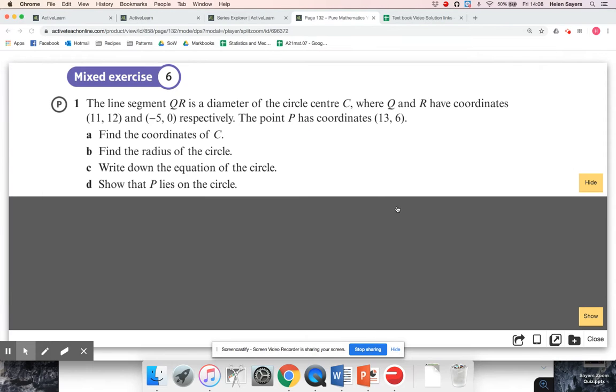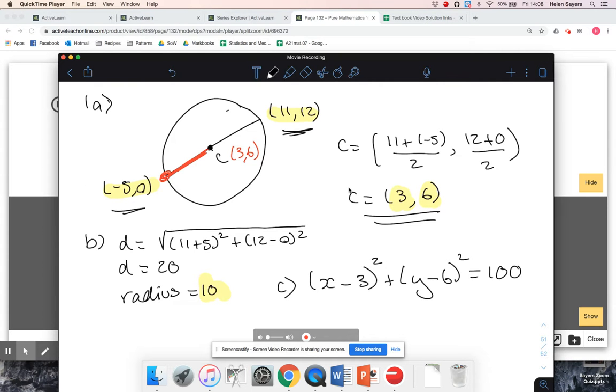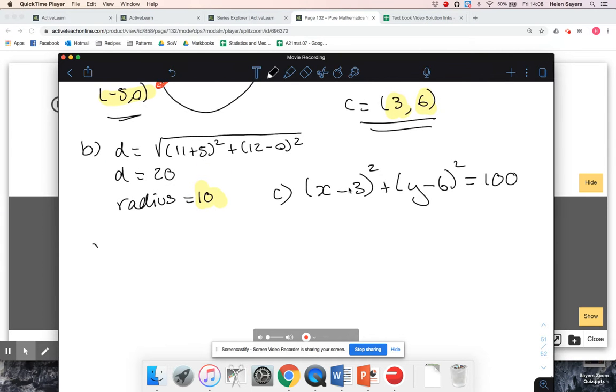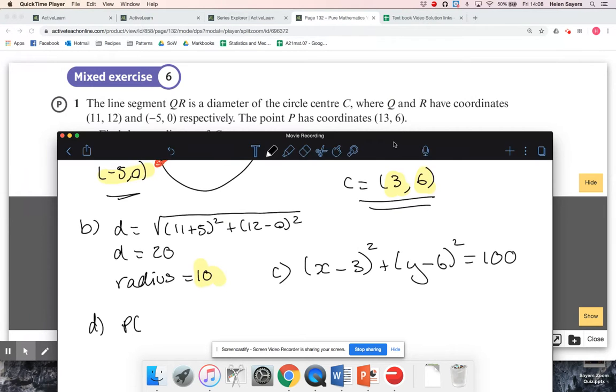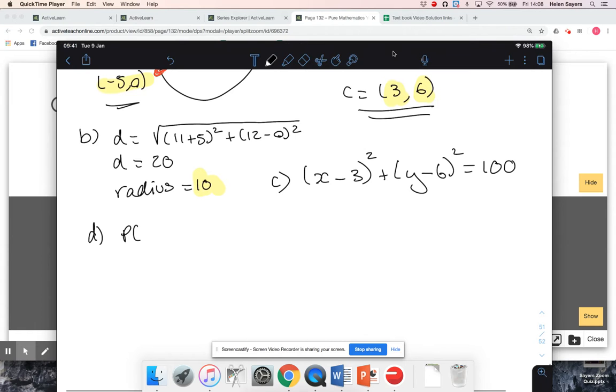Okay, and then show that P lies on the circle. Okay, so that's fine. So P had the coordinate, so I told you at the start, didn't I? So P is 13, 6. Okay, so I've basically just got to show that 13, 6 works in that equation. That's going to be the quickest way to do it.